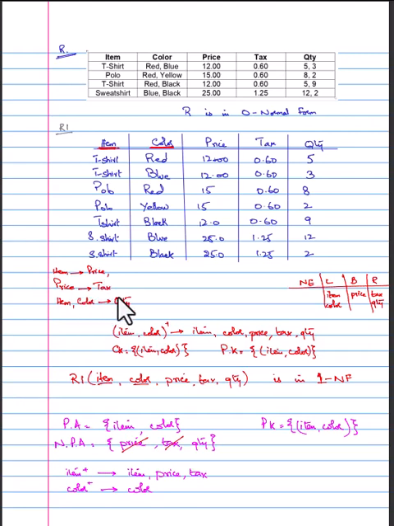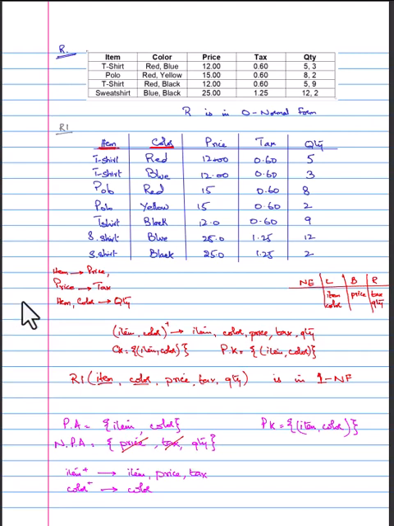If we take the closure of item, it will become item, price and tax. How we can calculate the whole closure of the attributes or combined attributes is covered in our previous lecture.